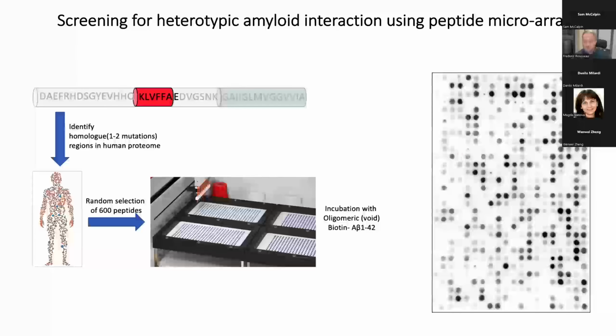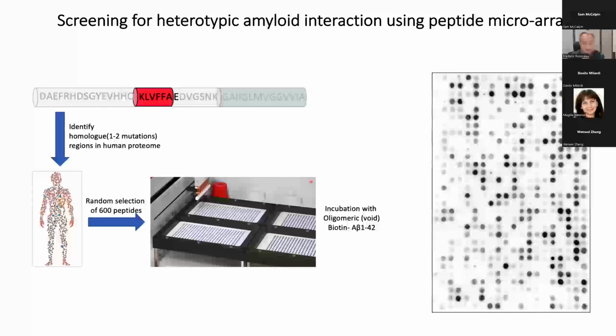Katrina in our lab did this. She took the first APR, residues 16 to 21 of A beta, and ran this sequence along the human proteome, looking for short stretches in all these proteins that are homologous with just one or two mutations. Then she printed a peptide microarray containing hundreds of peptides that are indeed homologous to A beta.